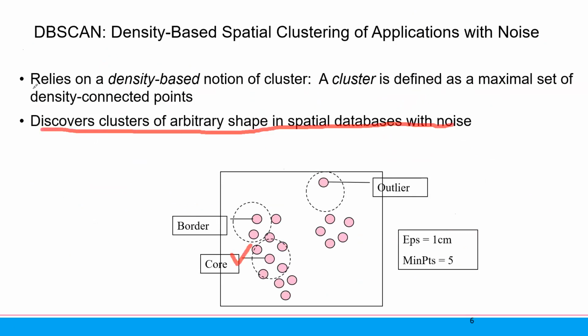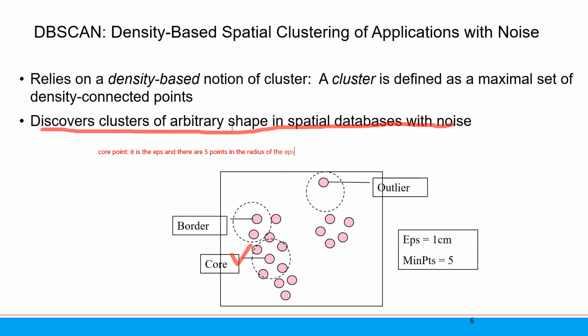The first is the core point. What is a core point? A core point is a point that has, within the EPS, let's say the minimum points is 5, at least 5 points in the radius of the EPS.